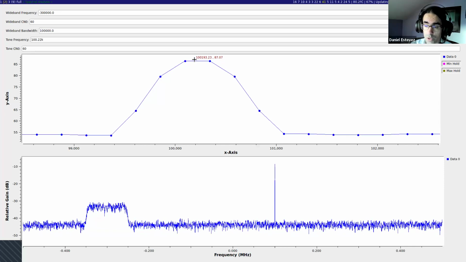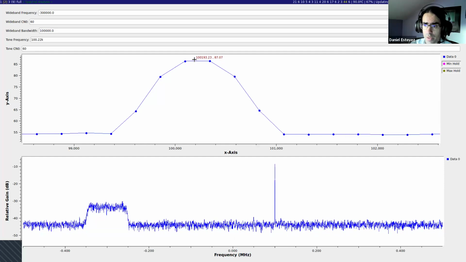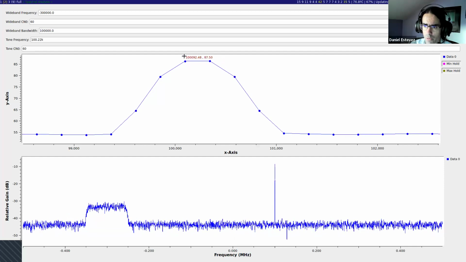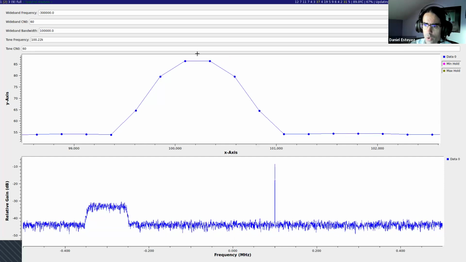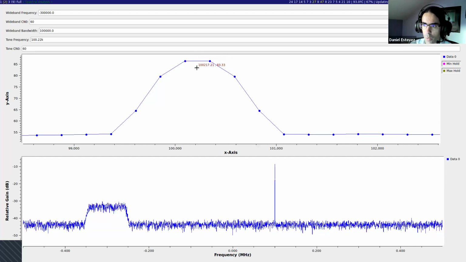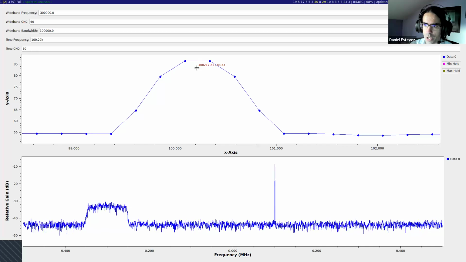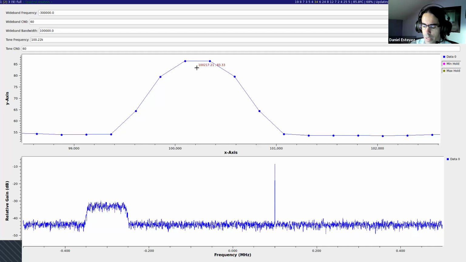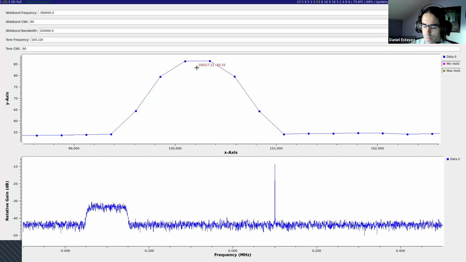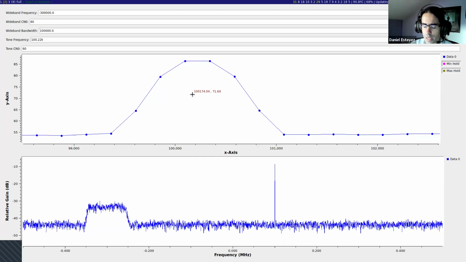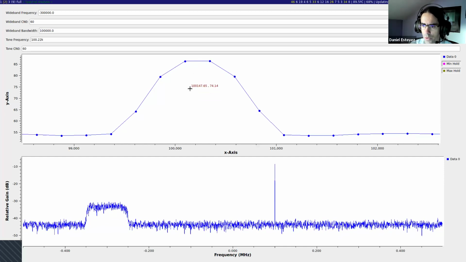So if you want to measure power very accurately without having to rely on whether the signal falls on top of one of the FFT bins exactly or halfway between bins, we would use one of those windows, which are called flat top windows, because they have no scalloping losses. So that's something that the FFT windows are useful for.